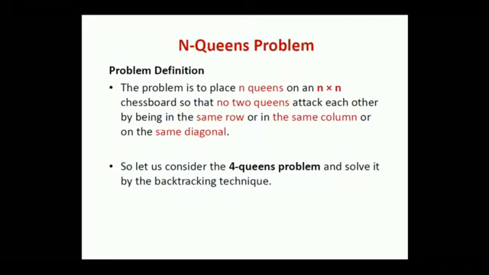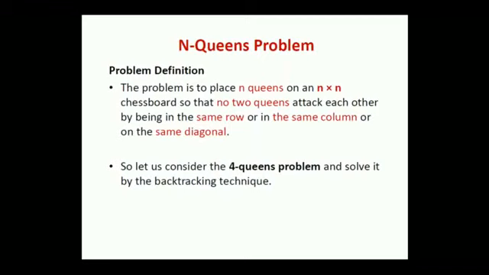A problem known as n queens is a good example of the application of backtracking. The problem is to place n queens on an n cross n chessboard so that no two queens attack each other.